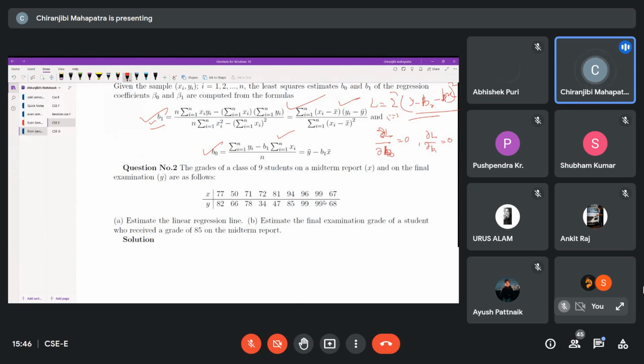ओके, तो एक प्रॉब्लम में जाते हैं. तो x और y का different values इस टाइप का है, तो तुम्हें रिग्रेशन लाइन से कैसे सॉल्व करना पड़ेगा.